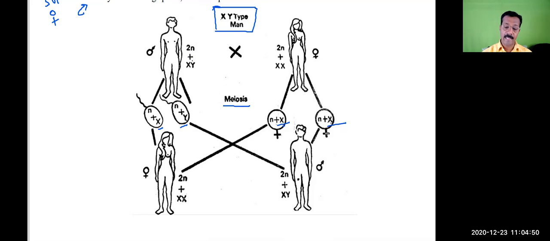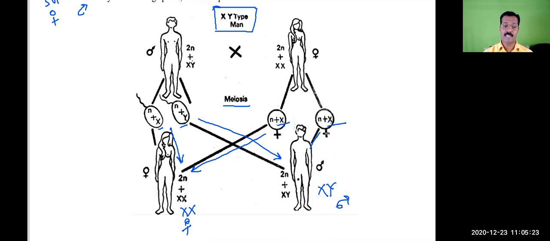Now, when that egg is fertilized by this one X, it will form X plus X, and it will form female. And when one of the X chromosomes is fertilized by the Y chromosome, it will be X and Y, and it will form male sex.